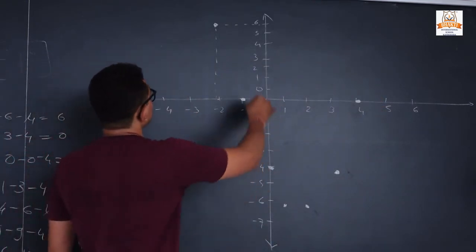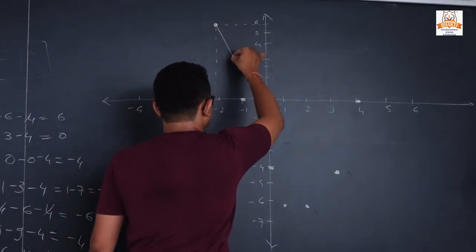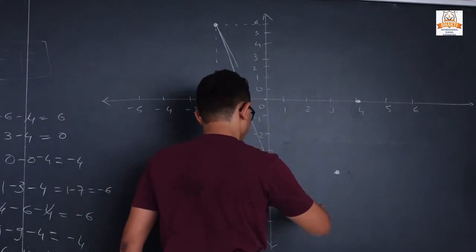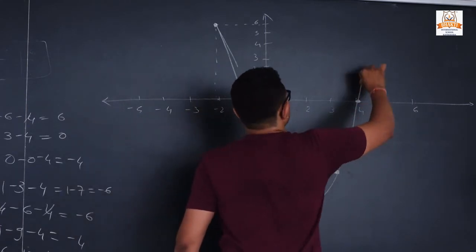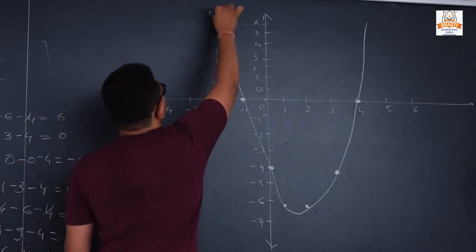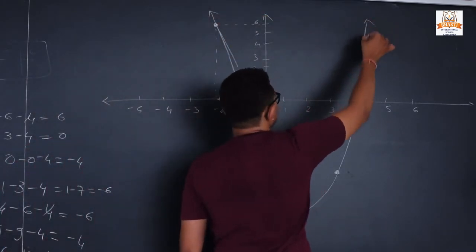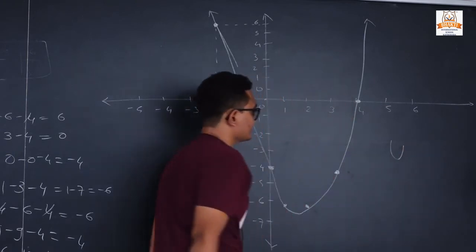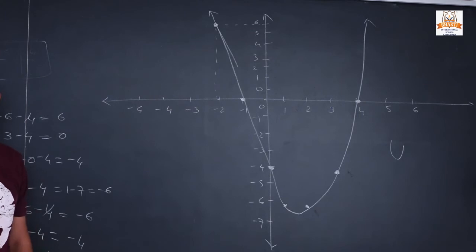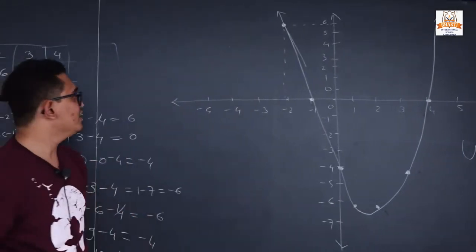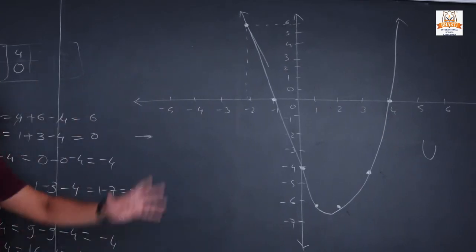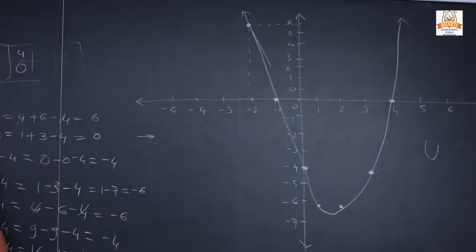If we draw that graph, the pattern is like that, and we can join the points. So the graph is like that. Which shape is it? It is actually a U shape. So you need to remember two things once again. The conclusion of this topic is two things only.